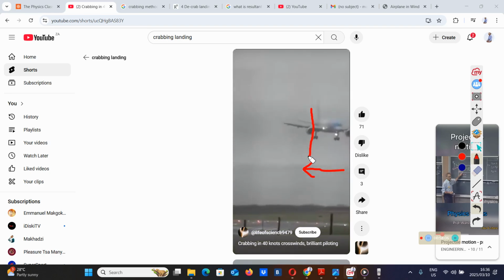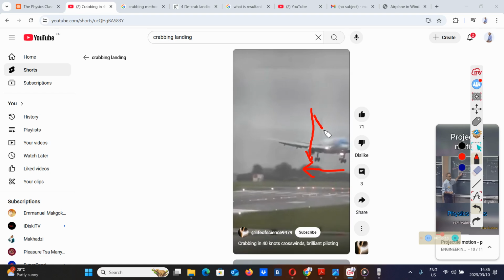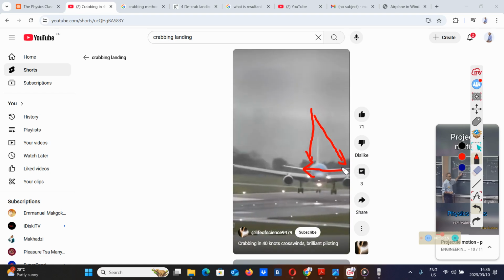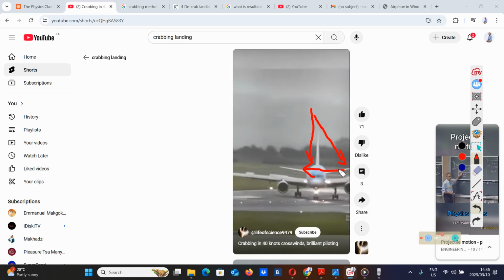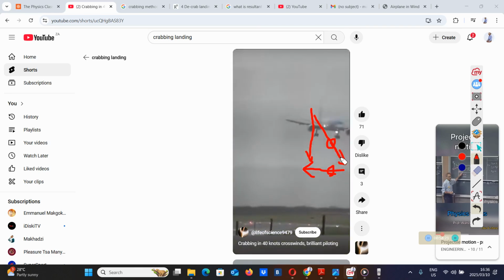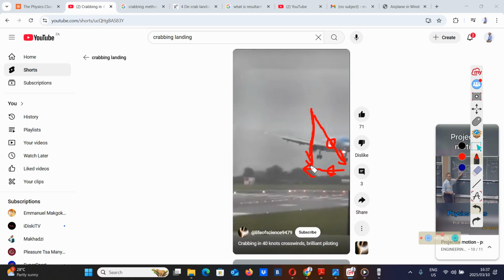So for this thing to land straight, it must be tilted in that direction. Then as it's tilted in that direction, the wind will change that movement, which is this kind of movement, to this.